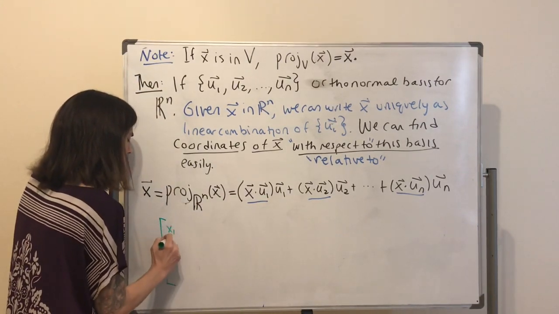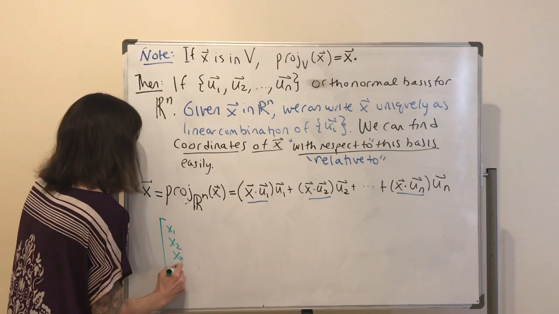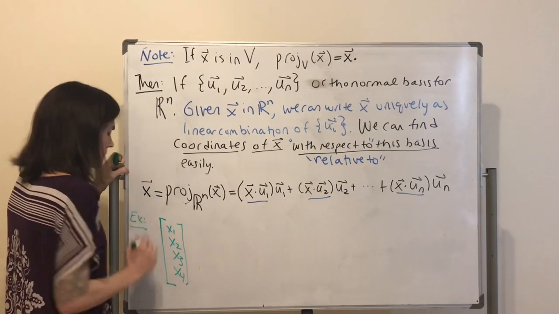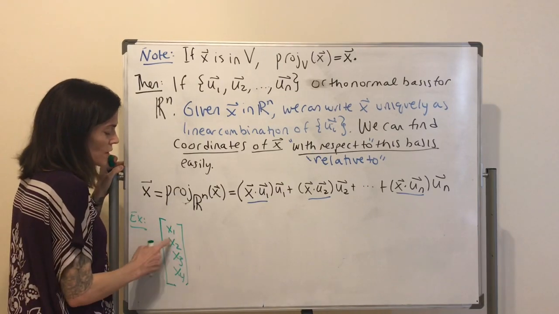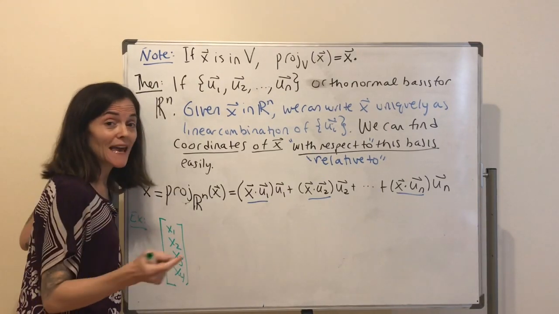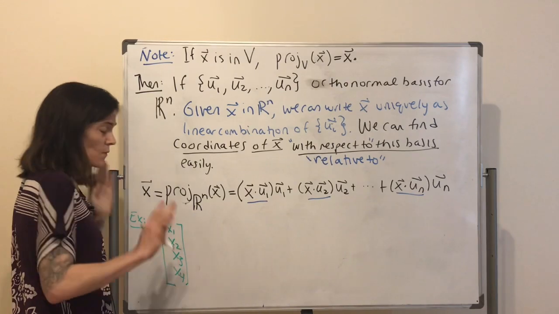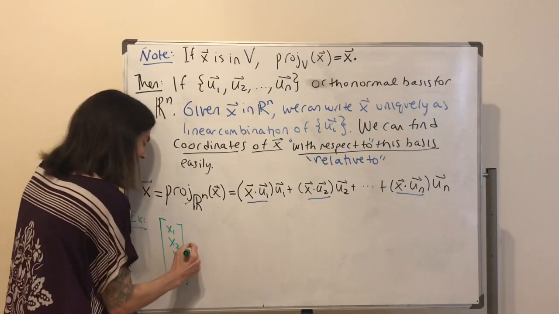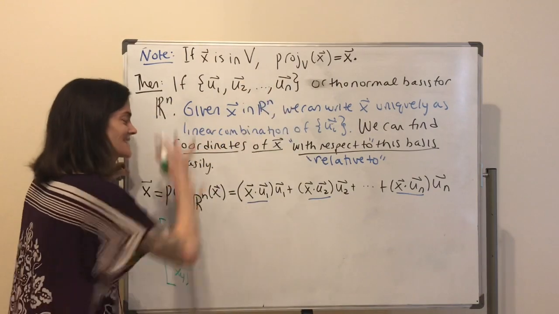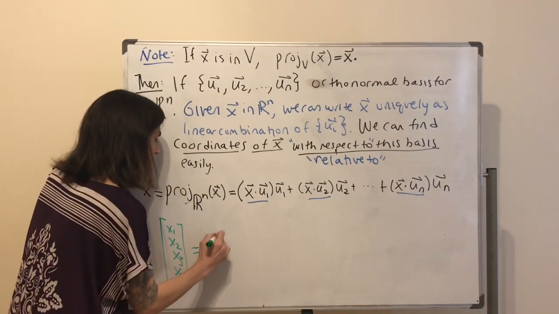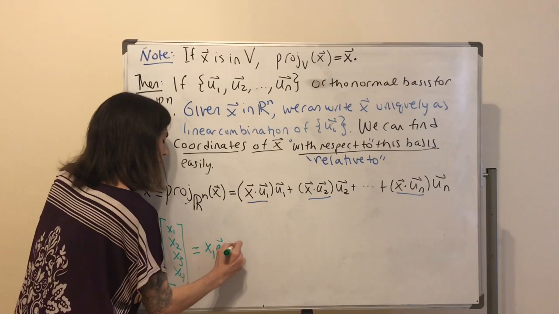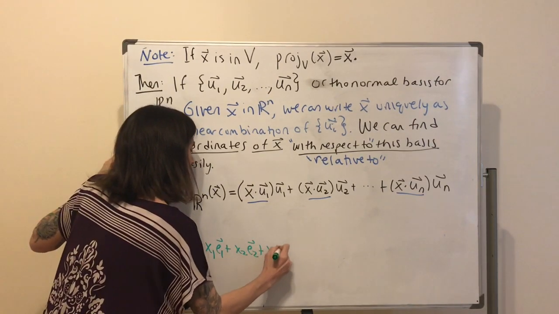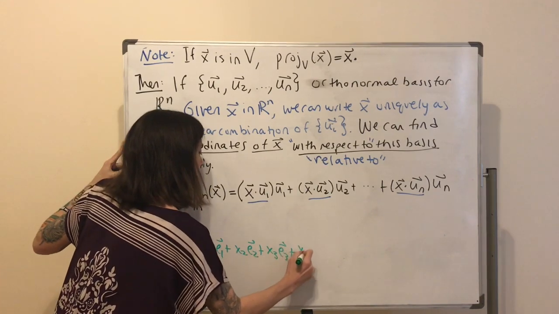Maybe I'll just do it in terms of 4. We think of the coordinates of this vector as x1, x2, x3, x4, right? But in light of this observation, this is x1 e1 plus x2 e2 plus x3 e3 plus x4 e4.